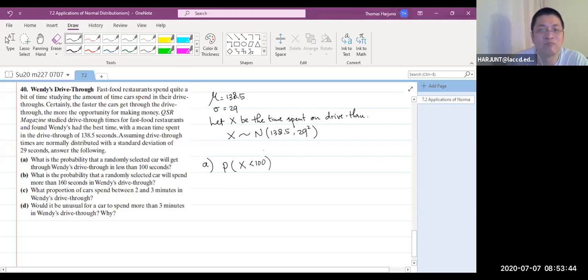You can continue from there later on. Part B, what is the probability that a randomly selected car will spend more than 160 seconds in Wendy's drive-thru? So probability that X is more than 160.